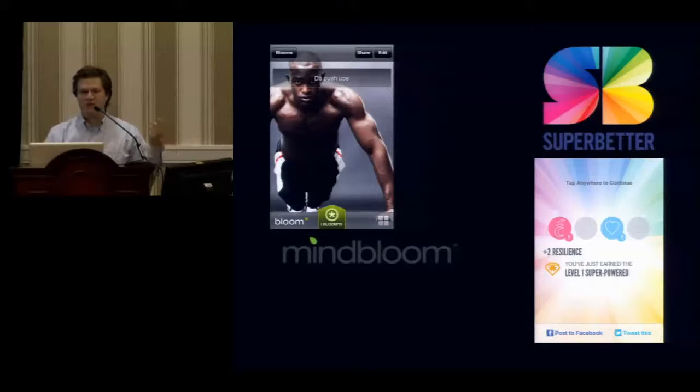Mindbloom and SuperBetter represent a number of gamified goal-setting apps that people can install, and many are using and are geared towards healthcare goals, anywhere from dieting to weight loss to overcoming a particular health condition.